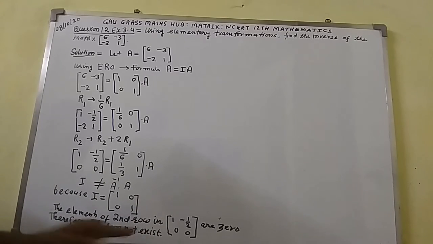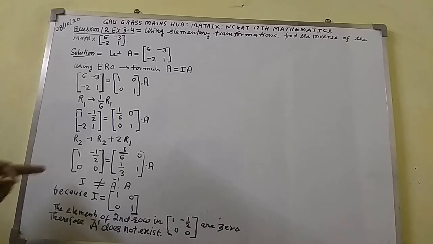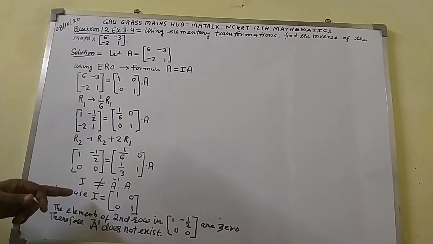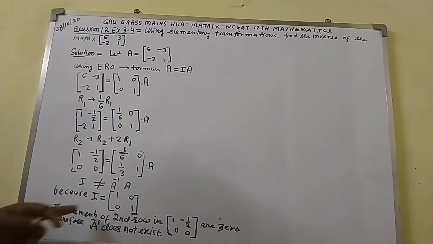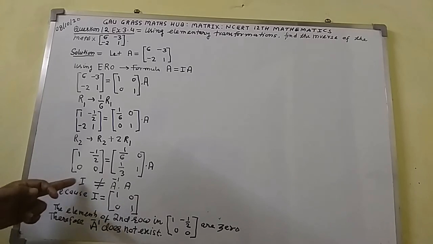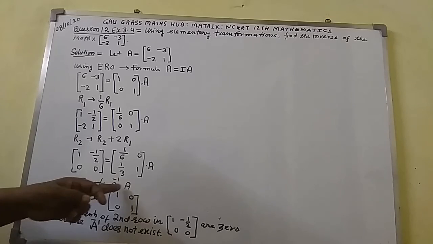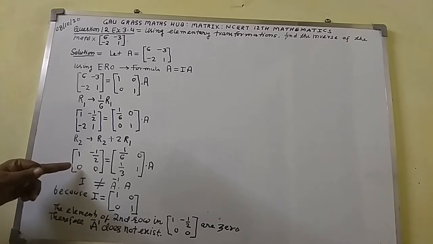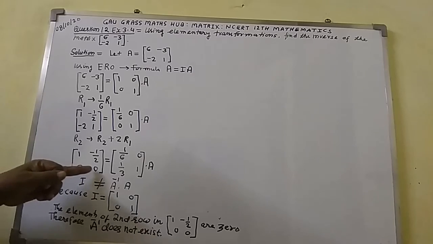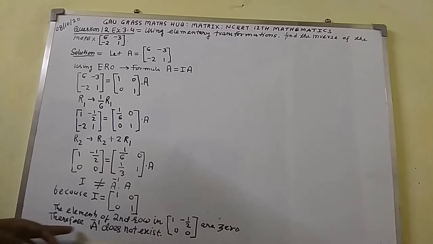Therefore A inverse does not exist, whereas this matrix must be like this, the identity matrix. The identity matrix is not equal to A inverse dot A, because the elements of the second row are 0 0. Therefore A inverse does not exist. This is the complete solution of question number 12, exercise 3.4.